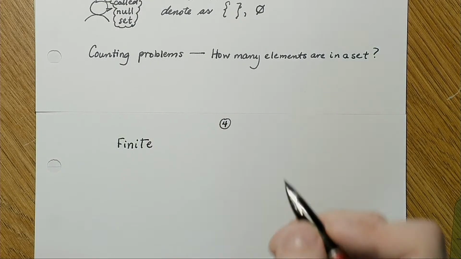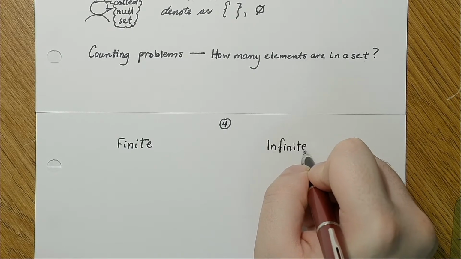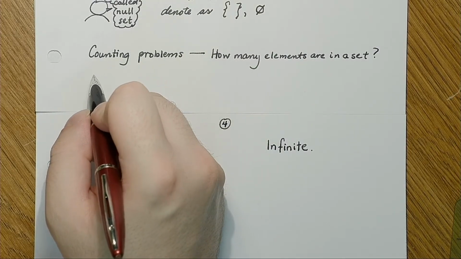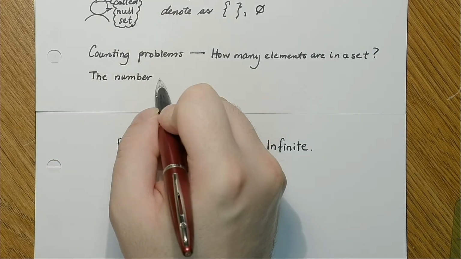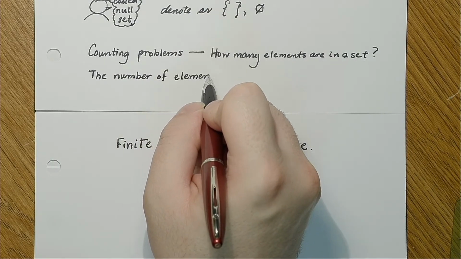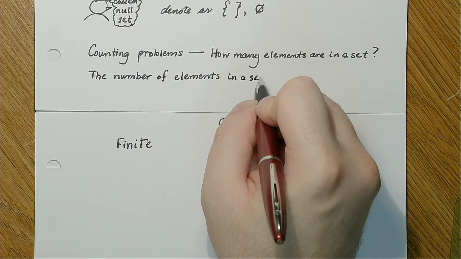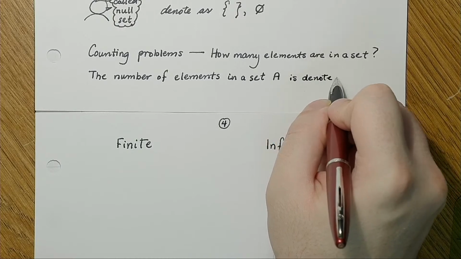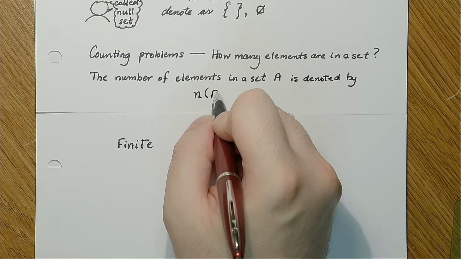So finite and infinite. Let me start off by saying that the number of elements in a set, we'll say A, is denoted by n of A.